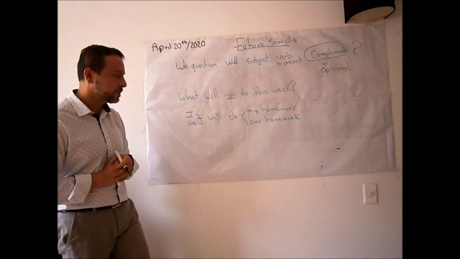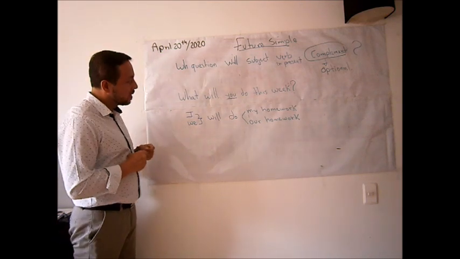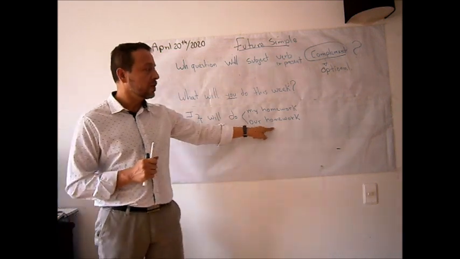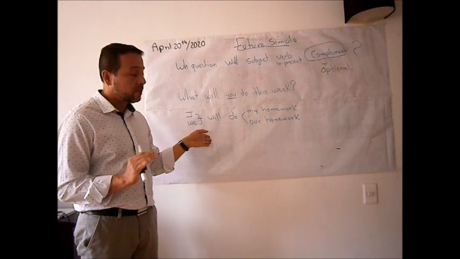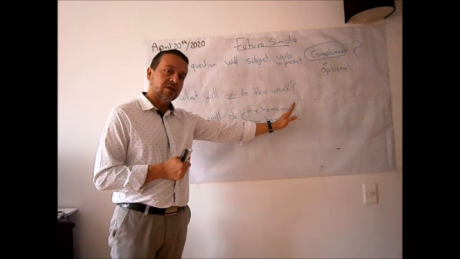Okay, boys and girls? That is an example with WH question. When we use WH questions, it's necessary to put a long answer. Subject, will or won't, it depends, the verb in present, and the complement.